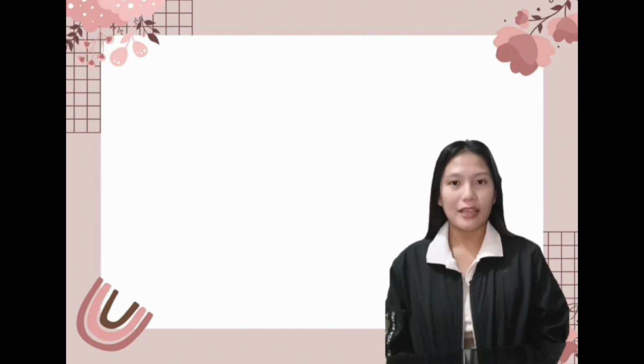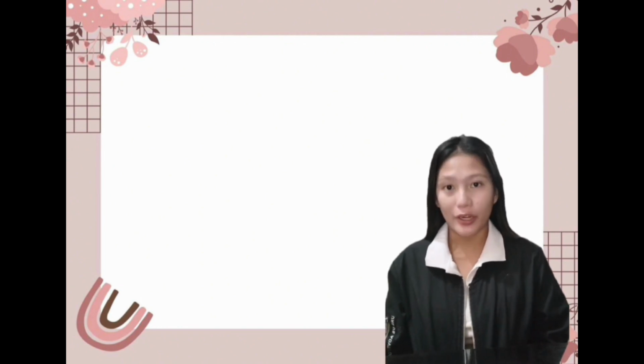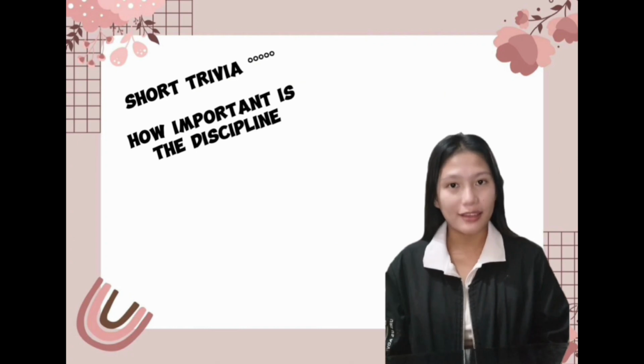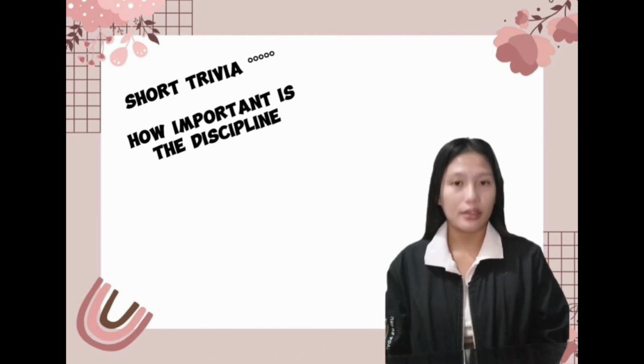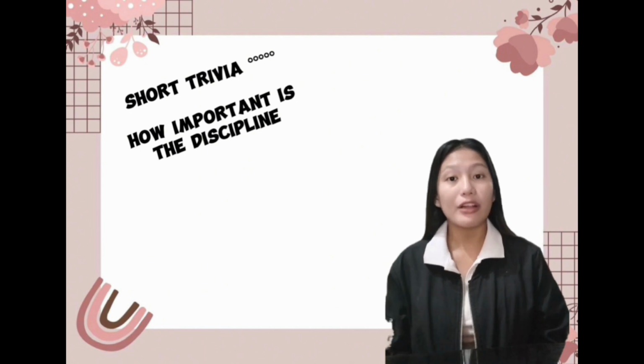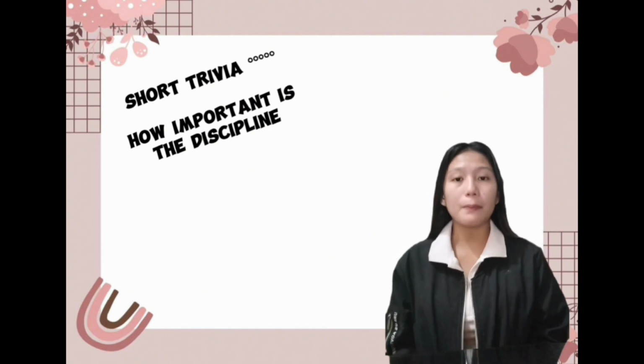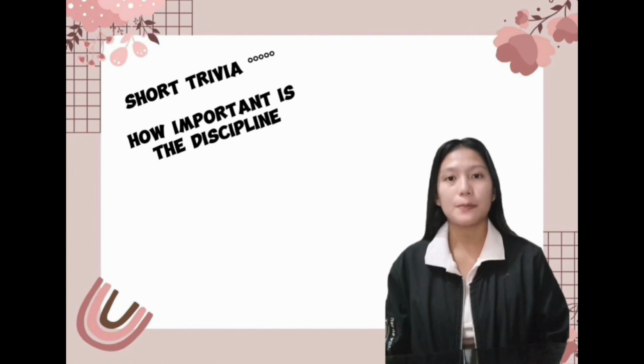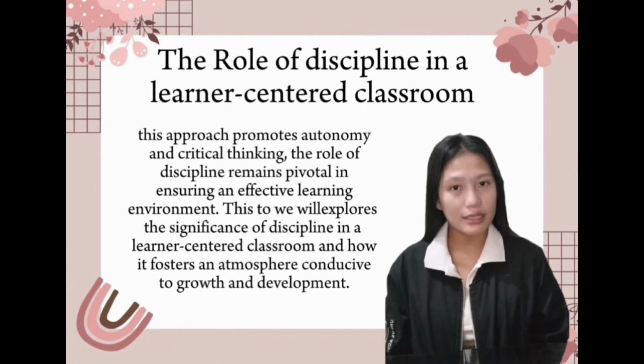We all know that discipline is very important for us students and learners in order for us to know what is good and what is bad. The role of discipline in a learner-centered classroom is really broad and important because we should apply it in our daily lives. Establishing boundaries.